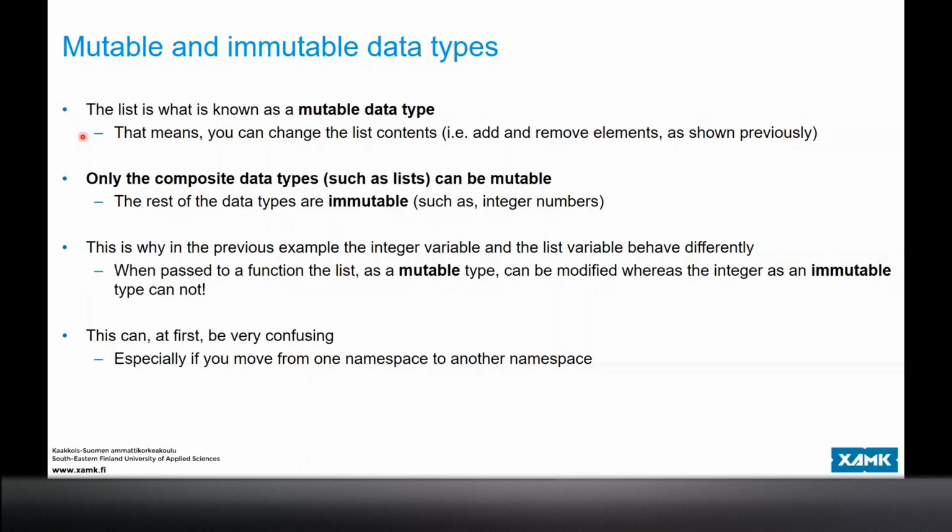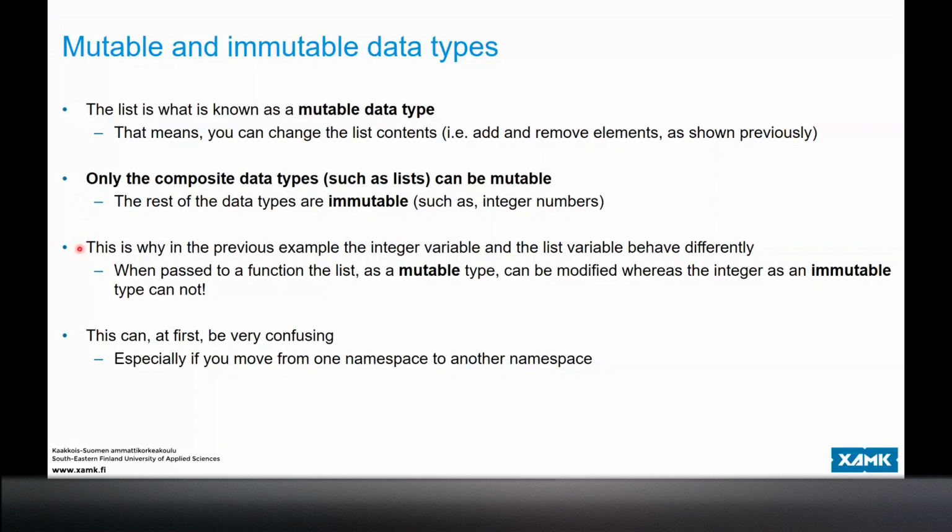So a list is what is known as a mutable data type, meaning you can change the contents of it. You can add and remove elements, as we showed previously using the append and remove methods. Now the thing here is only these composite data types are or can even be mutable. The rest of the data types, such as the integer numbers, are immutable, meaning their contents do not change.